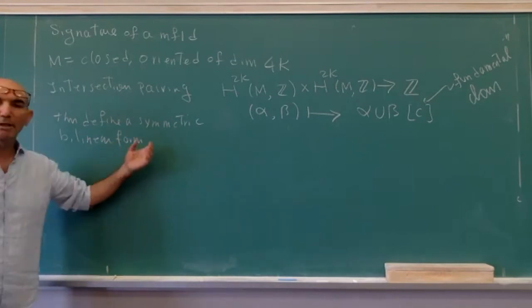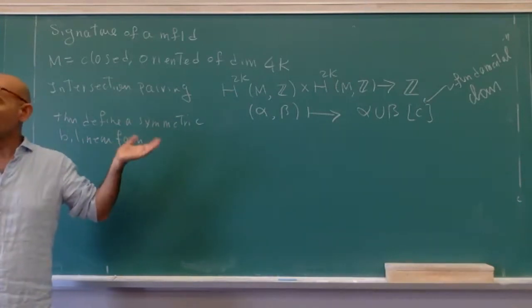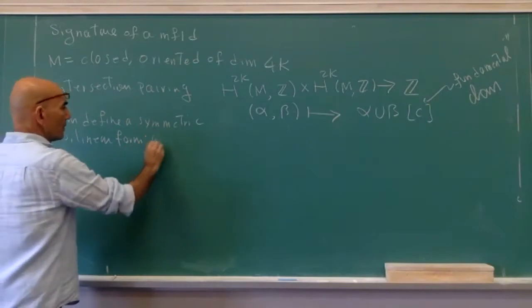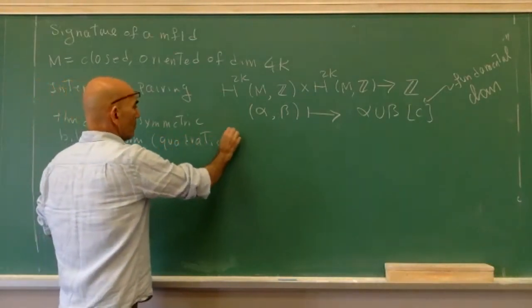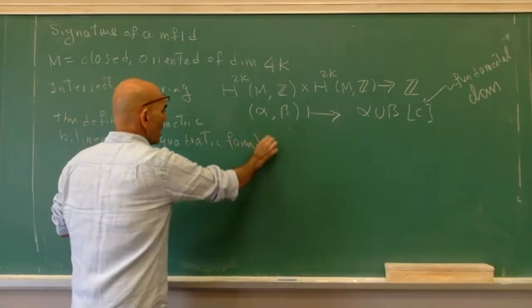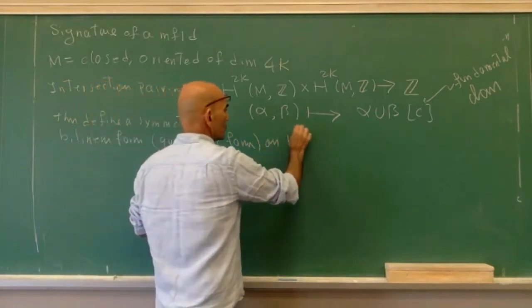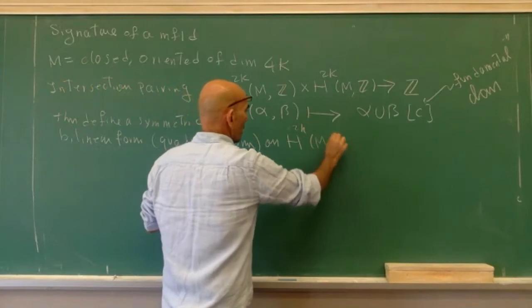Symmetric bilinear forms are the same as quadratic forms. So a quadratic form on H^2K(M, Z).